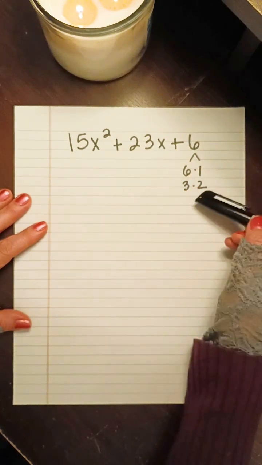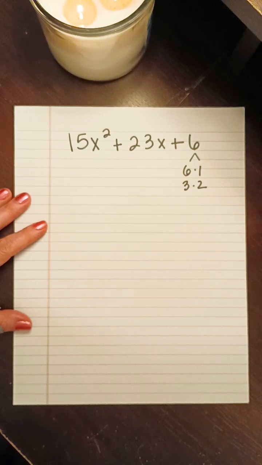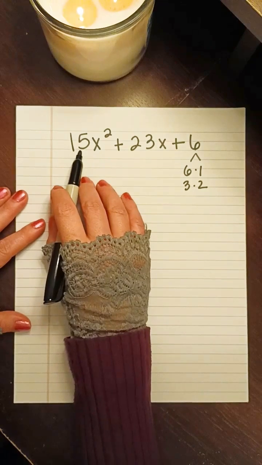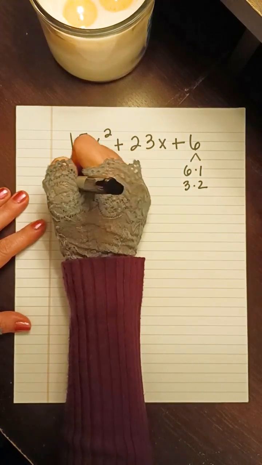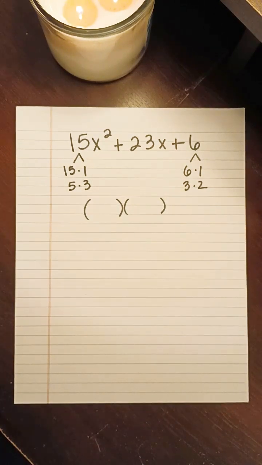But not only do we have to multiply numbers to get C, we also have to worry about numbers that multiply to be our A term, so 15. Then we have to place them into two binomials, just like we did when A was 1.